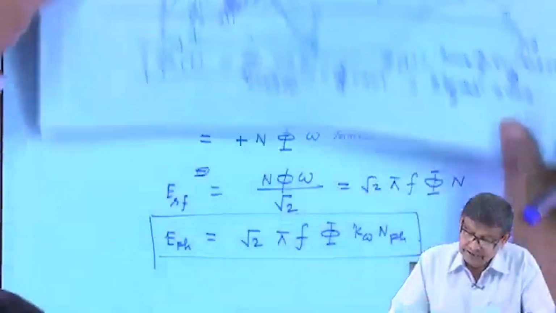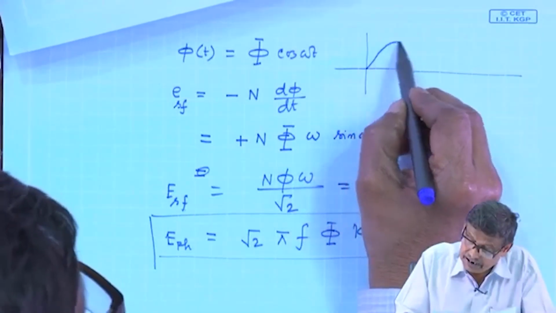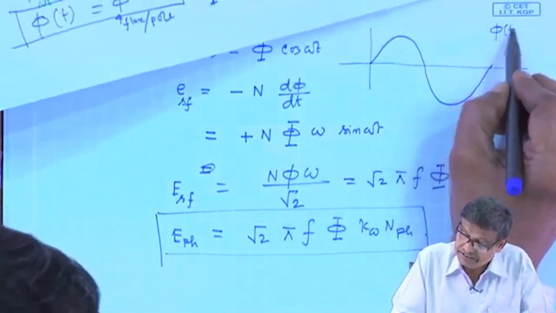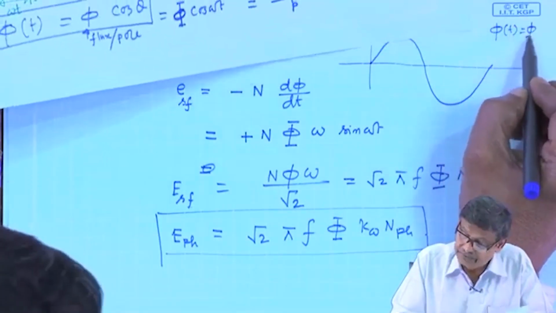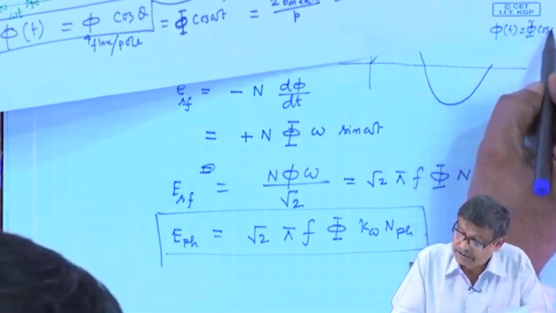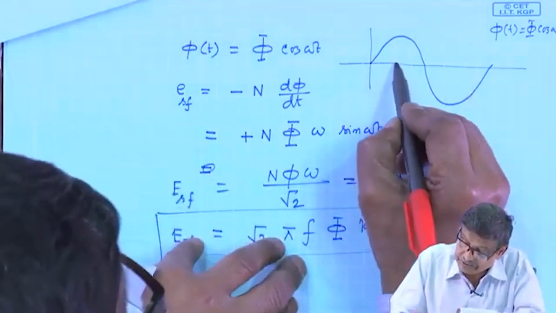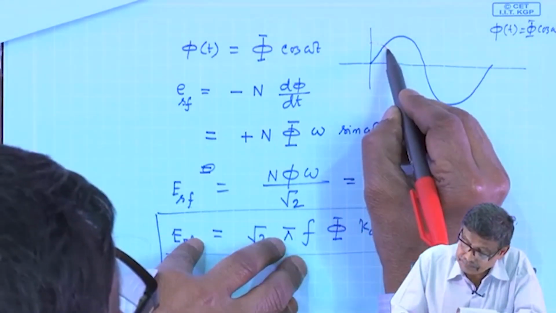So, this was my B I started with, and for phi t I got the flux linkage term, flux per pole cos omega t. So, it was flux per pole, and the flux linkage if you sketch, it was like this.